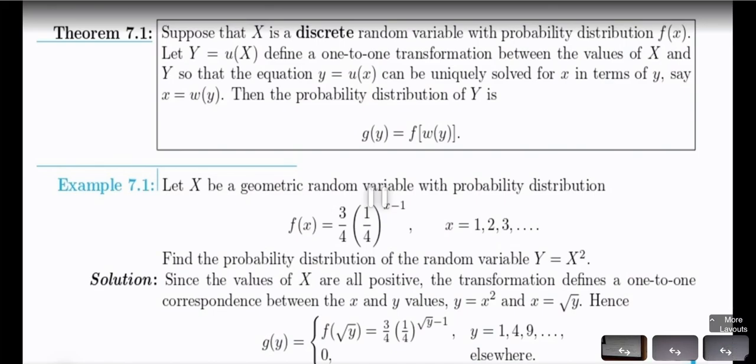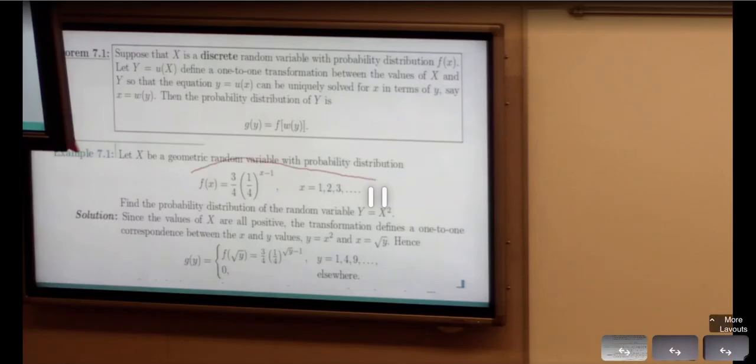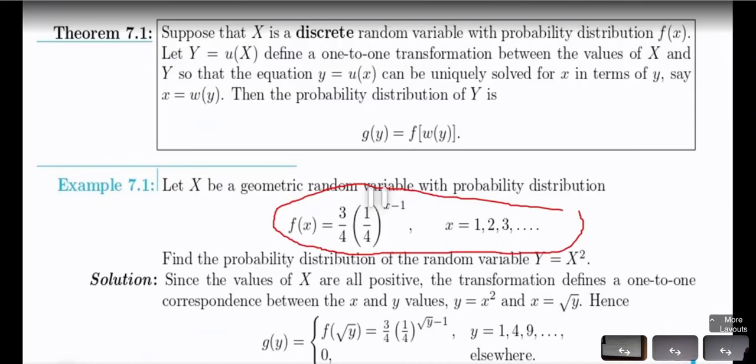If you look at example 7.1, you have a random variable that has this probability distribution. Take a look at that. X starts from 1 to infinity. That's a geometric distribution. X is a discrete random variable that follows a geometric distribution.